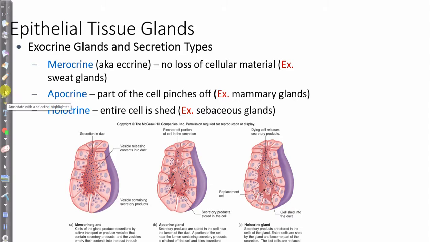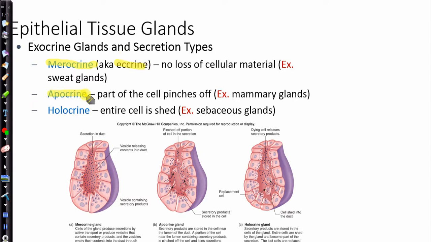The three types here are merocrine glands. Merocrine glands are also called eccrine glands, and these are glands that when they secrete their product, no cellular material leaves the gland. That is, it's going to be pure product. And the example there are sweat glands. No parts of the cell get pinched off. Nothing really gets damaged in a merocrine gland.